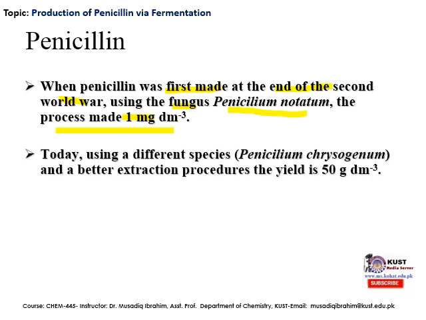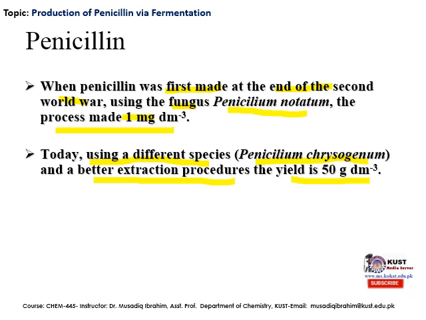Nowadays, in the current situation, a different species is used, which is called Penicillium crassugenium, and along with it better extraction procedures are used. So the yield is now 50 gram per decimeter cube or 50 gram per liter.